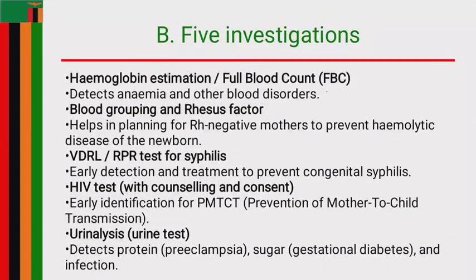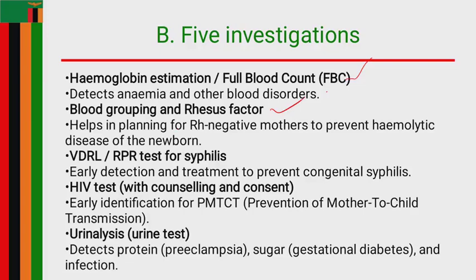We can, of course, do full blood count or hemoglobin estimation rather. And when we talk about full blood count, we are trying to detect anemia or other blood disorders.